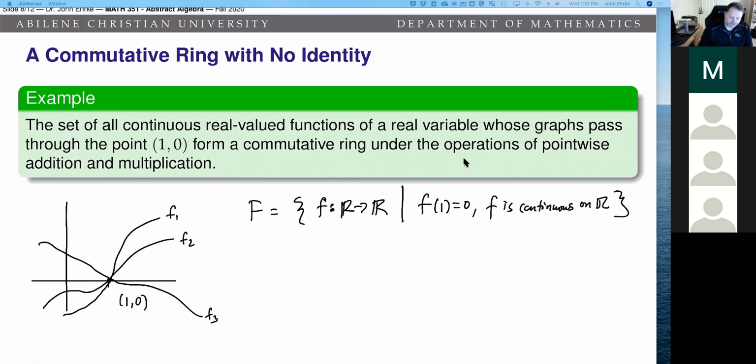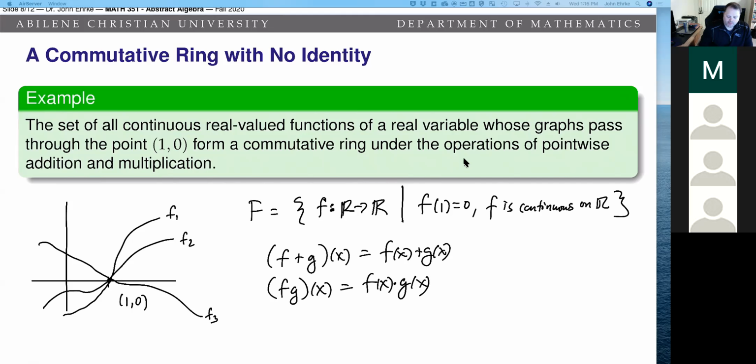And what are the operations on that set? If you take two functions, say f plus g, we define that to be the function f(x) plus g(x). Well, that's definitely going to be commutative. What about multiplication? The function fg is f(x) times g(x). These are both clearly commutative.